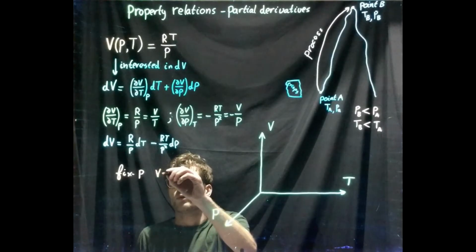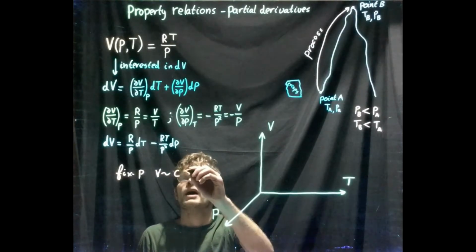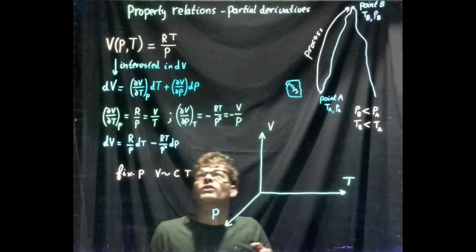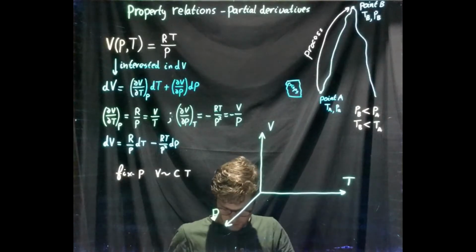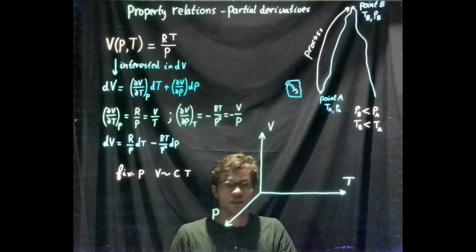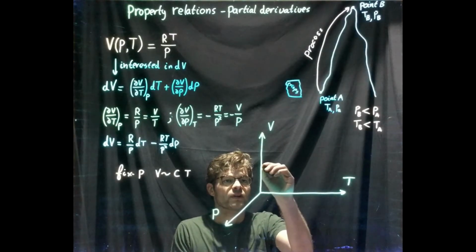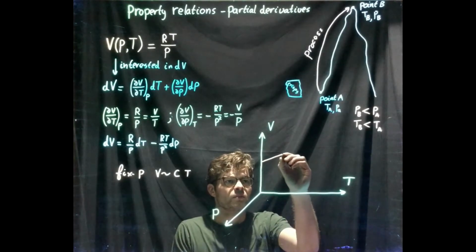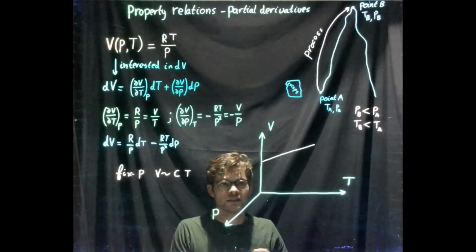Then volume will behave like a constant multiplied by the temperature. So R and P are both constants, so it will be a constant multiplied by the temperature. And in my graph, it will look like this. So a constant multiplied by the temperature, so a straight line.